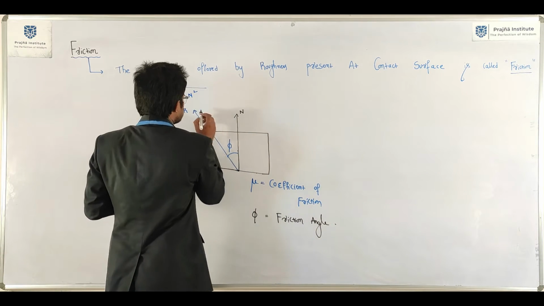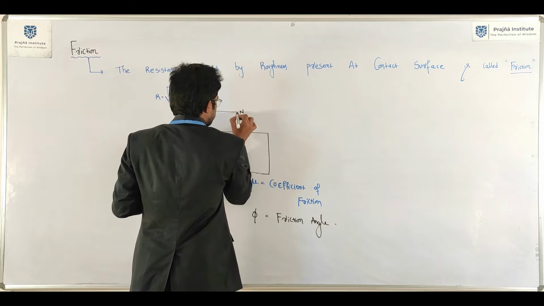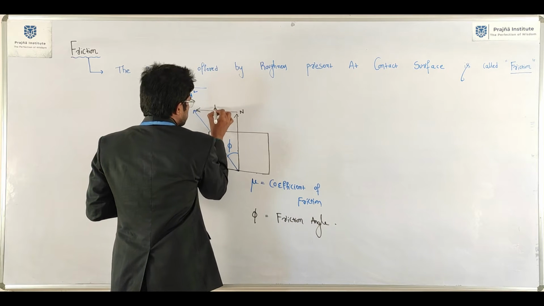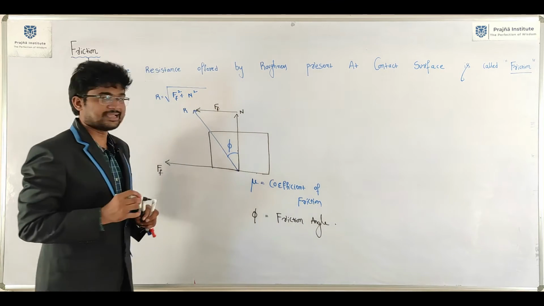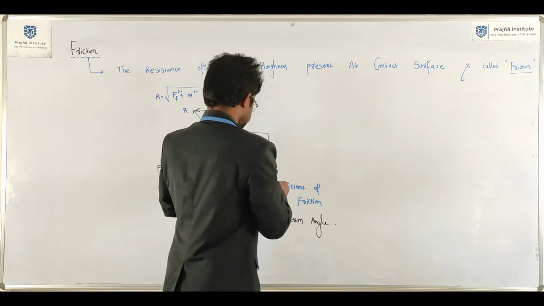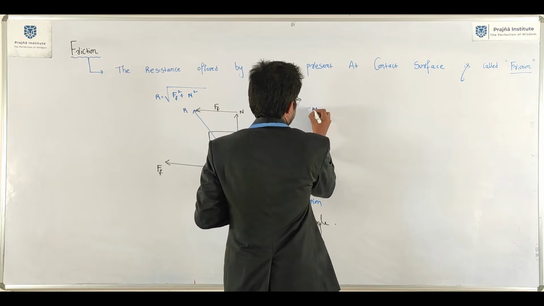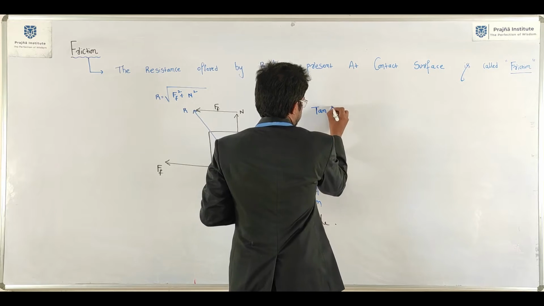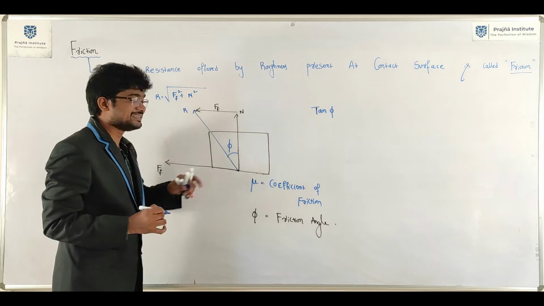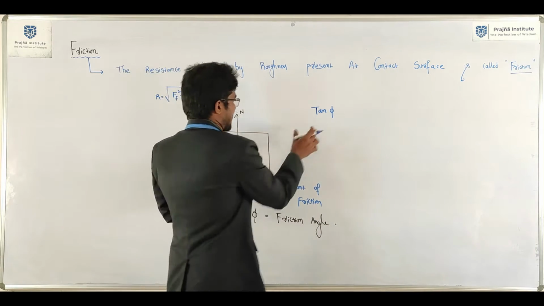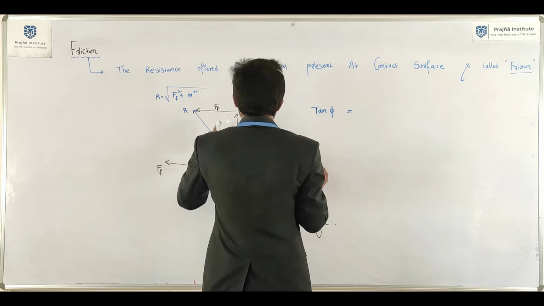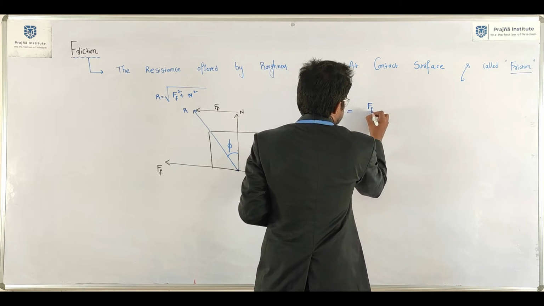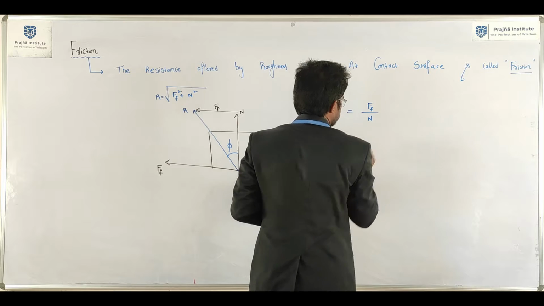Now just transform from here to here. Just write the frictional force here. Just apply tan phi. What is tan phi in this triangle? Tan phi equals frictional force by normal reaction.